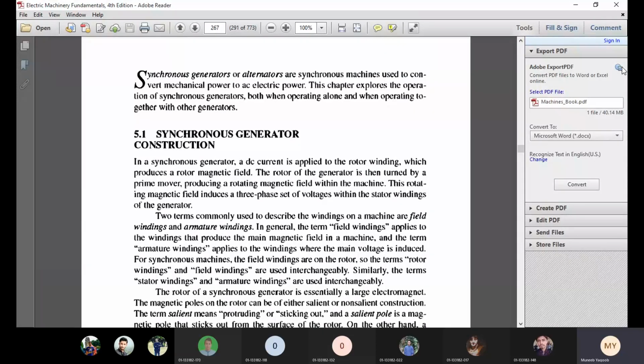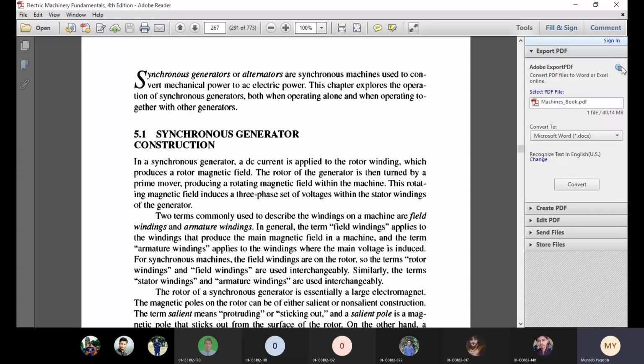Prime mover is basically an instrument that rotates the generator in the first place to provide the generator with mechanical energy. Okay, so in our hydroelectric dams, water falls at the turbine, and the turbine is basically coupled with the shaft of the generator.